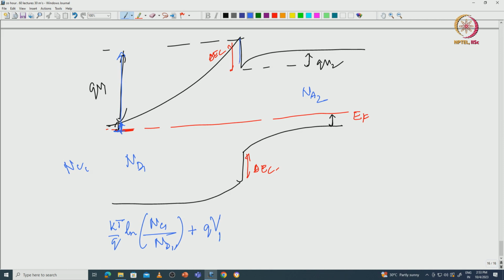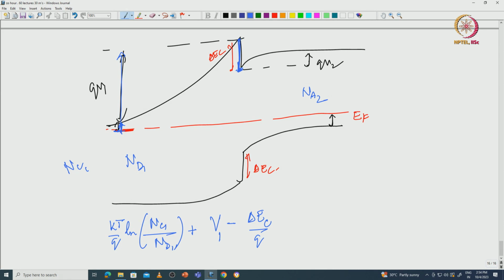Now I come down by the conduction band offset, so that's minus delta EC. If I'm putting everything as voltage, then I will have to erase this Q here, because I'm putting everything as voltage, so this will be divided by Q. I come down by this, so I'm at this point now.